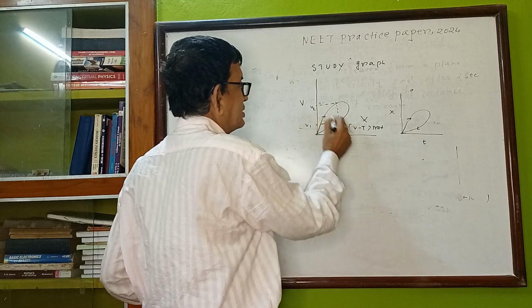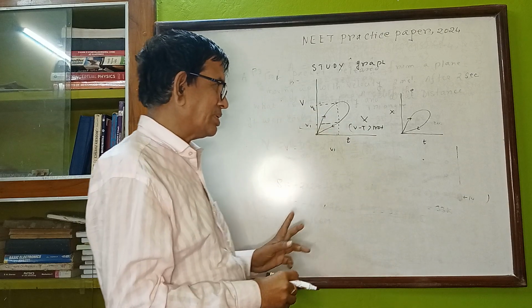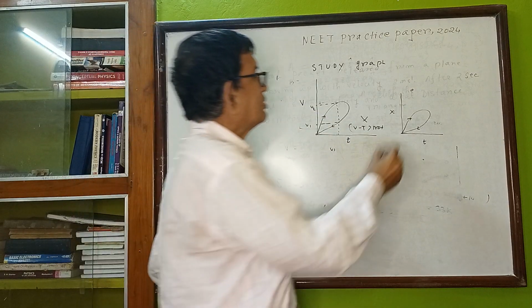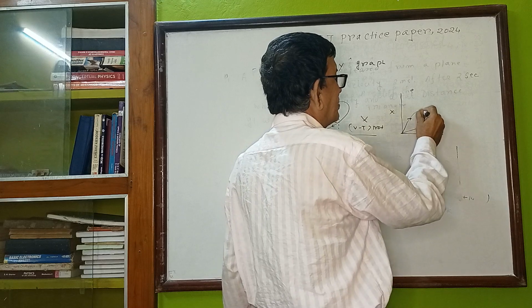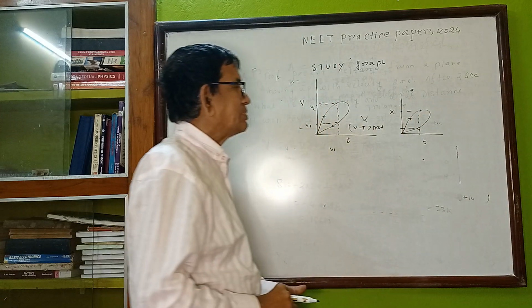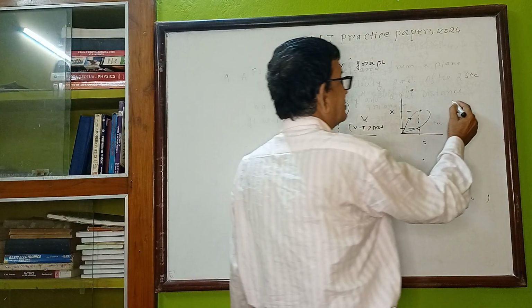At the same time, a particle cannot have two different velocities. Similarly, if you draw displacement against time, you are getting two displacements at the same time, which is not possible.